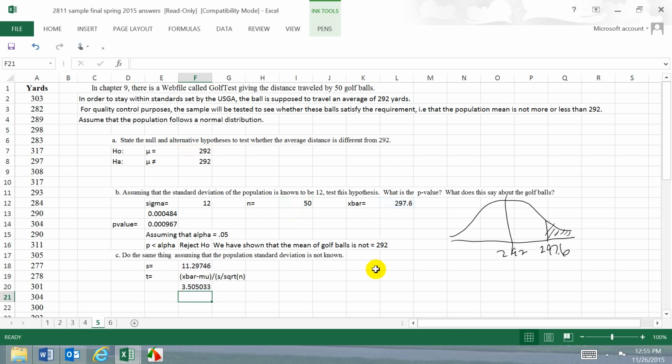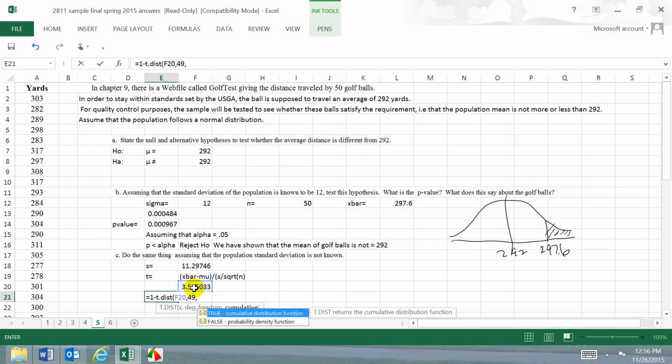Right, so there is our T value. Now that I have the T value, I can calculate the P value. Again, what did we start doing before, what we did with the norm dist? We're going to say 1 minus T dot dist, and now I have a T value, the degrees of freedom; sample size is 50, so the degrees of freedom is 49.